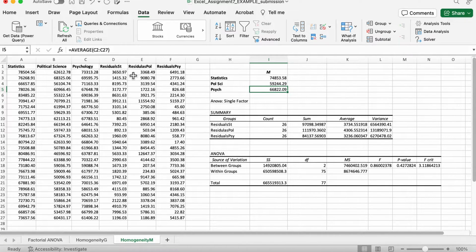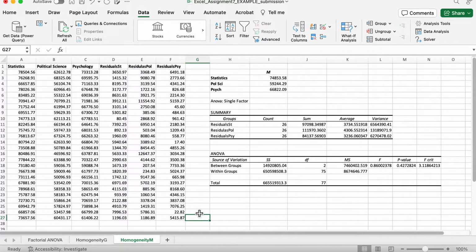Once you do, fill out the residuals and fill it down. All of these will be positive. If there's a negative, then you've done something wrong, so you need to go back and redo that. But remember, you do the absolute value of score minus the mean, okay?